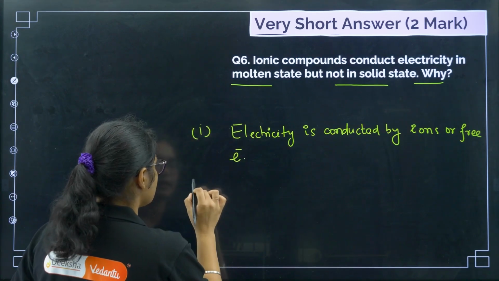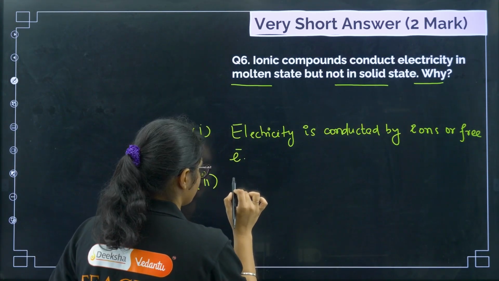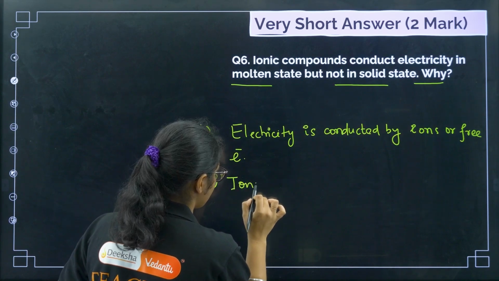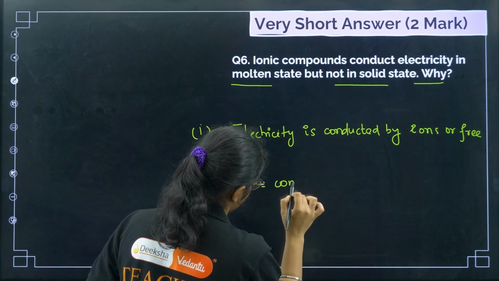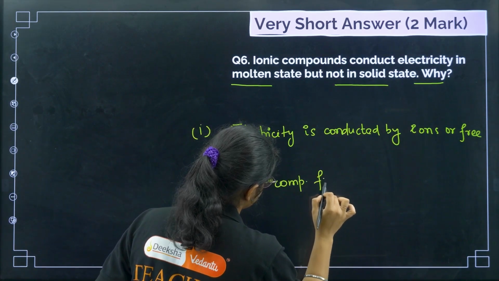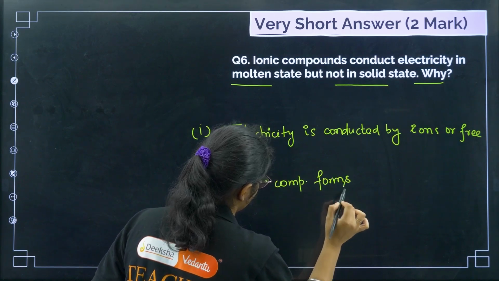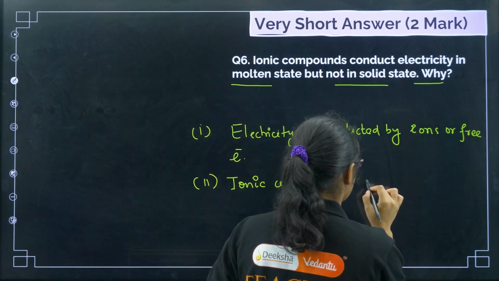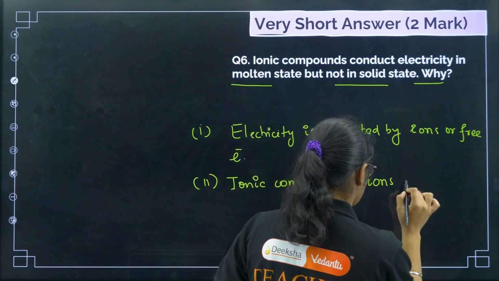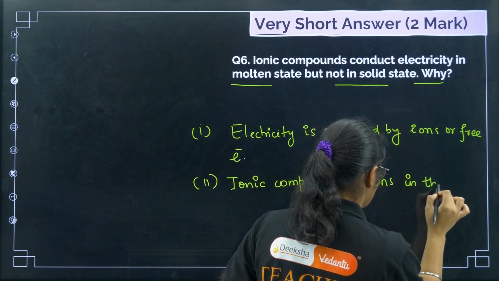Now, ionic compounds form ions in the molten state.